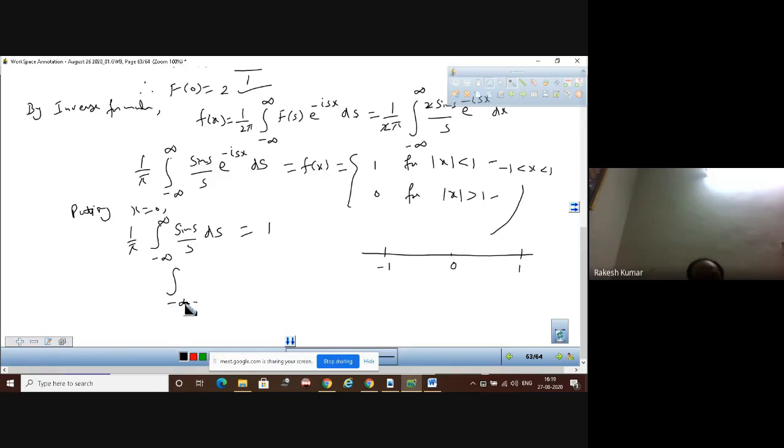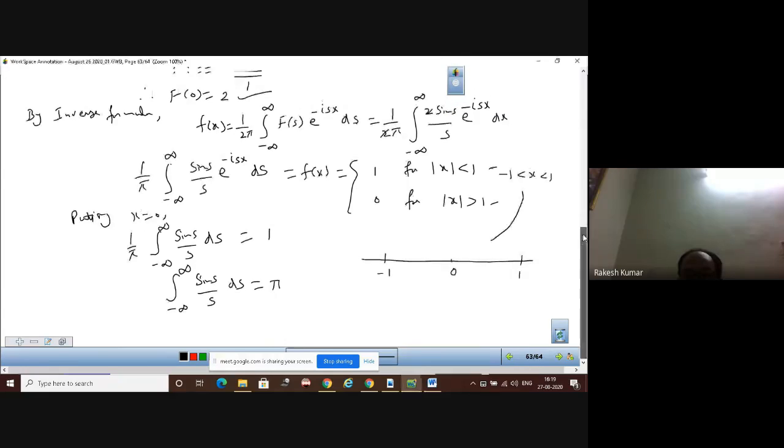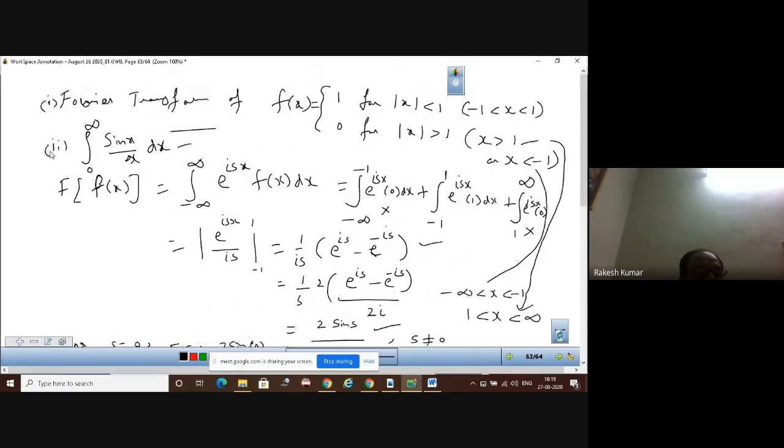So you will write down the value 1 here, and it comes out to be integral from minus infinity to infinity of sin s over s ds. Pi can be multiplied with this 1, it will be pi. Now you know what we want to find out in the second part: 0 to infinity sin x over x dx.